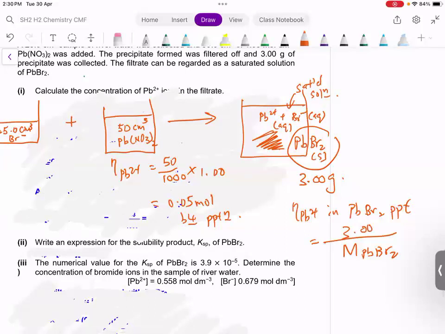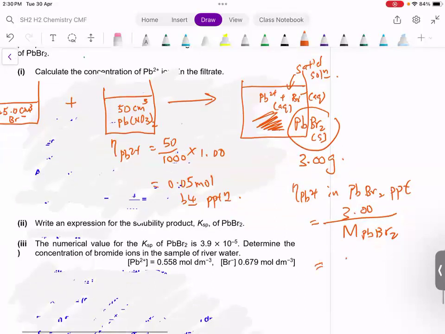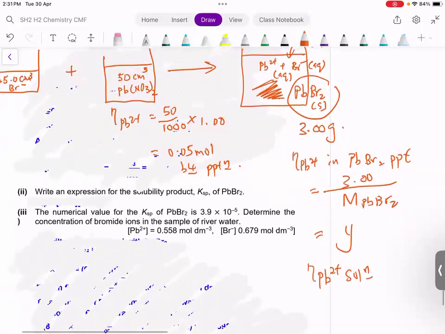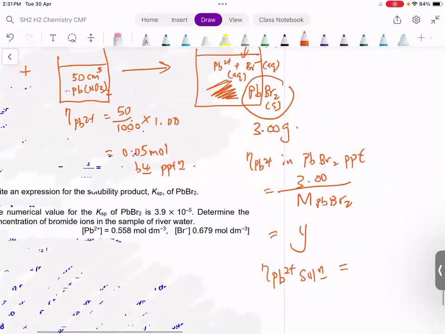Can calculate, right? Then after you have calculated this, equals Y, you subtract it from the lead 2 plus still in solution, it will be equal to 0.05 minus your value Y.